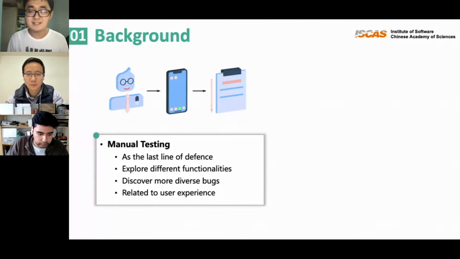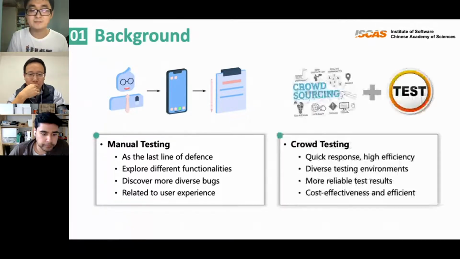Within manual testing, testers mimic users' behaviors to explore different functionalities in the apps to find more bugs. Compared with automated testing, human testers are able to discover more bugs, such as UX bugs, UI display bugs, and crash bugs, especially those related to user experience.